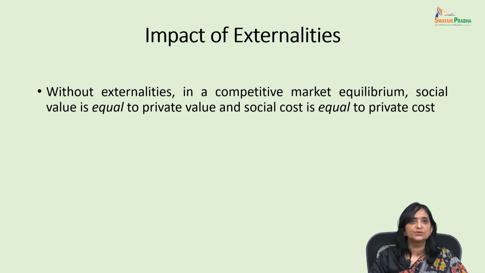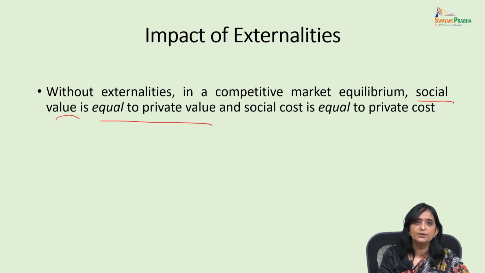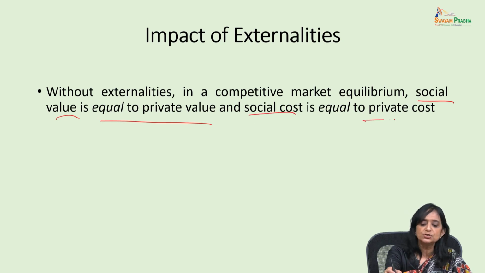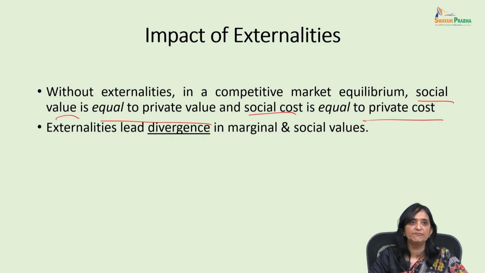If there is no externality, and in case of a competitive market equilibrium, the social value will be equal to the private value. Similarly, social cost will be equal to the private cost because my consumption or my production is not giving any benefit or imposing any cost on the third party. Hence, my social cost becomes equal to private cost. Similarly, the social benefit becomes equal to the private benefit.